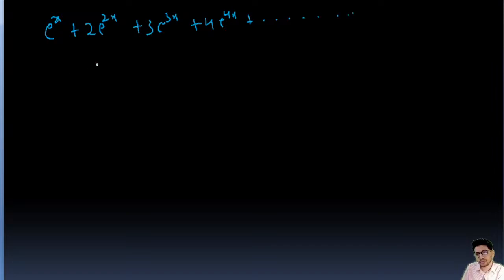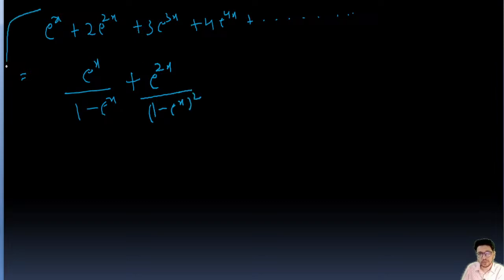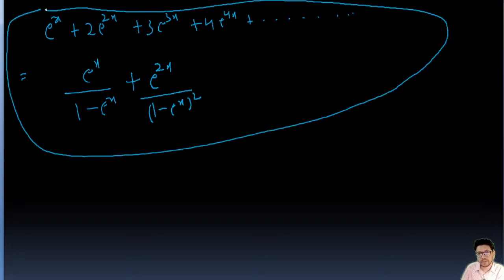If you have this type of expression, the direct formula for this is equal to e to the power x upon 1 minus e to the power x, plus e to the power 2x upon 1 minus e to the power x whole square, okay. This is the formula, guys, which I have used here.